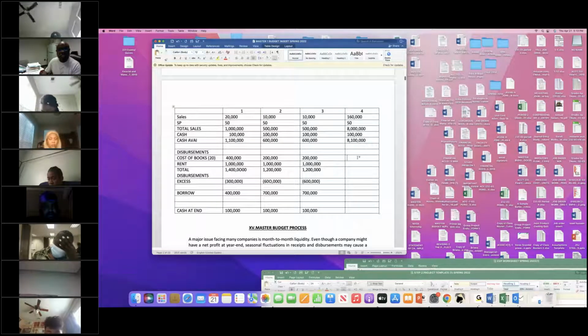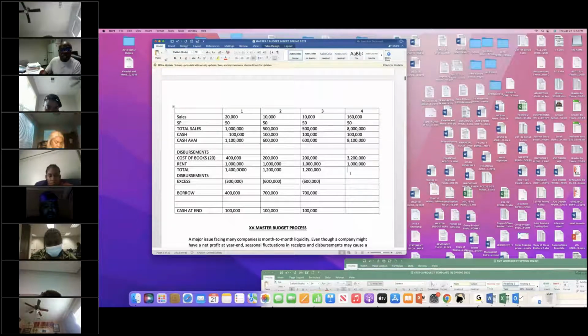Is that going to be 3,200,000? Rent is still a million. That's the cost of the books.